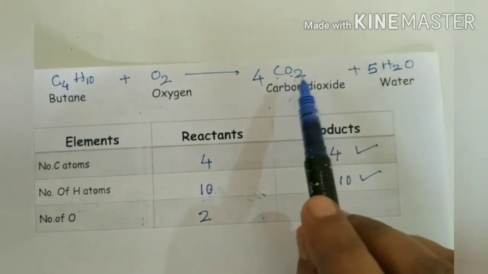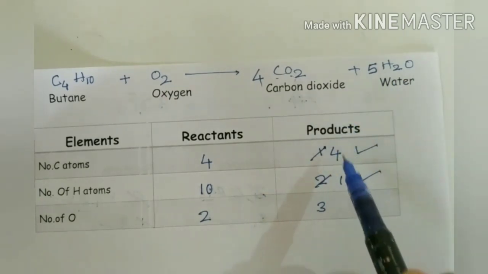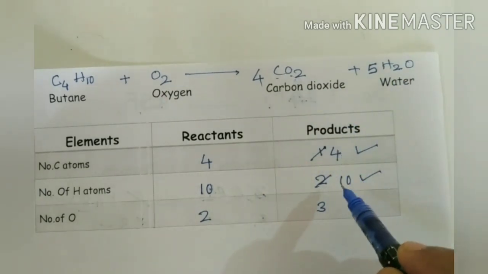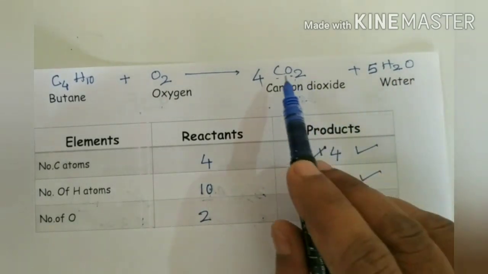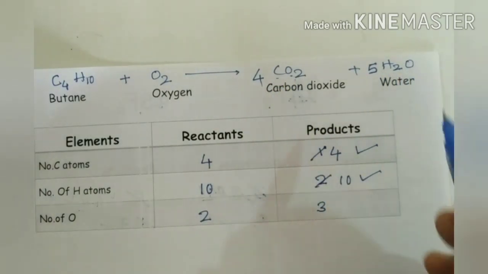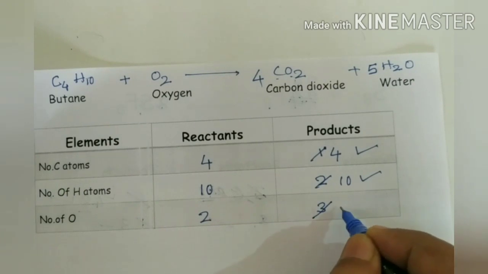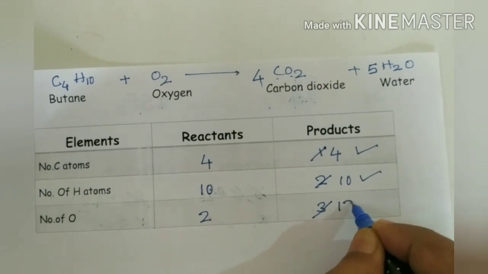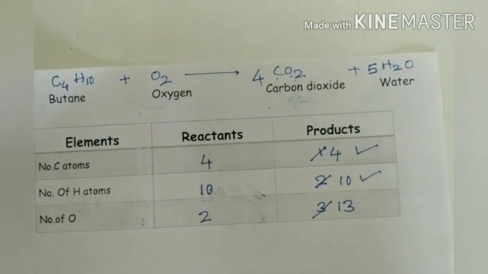But the number of oxygen atoms changed while balancing the carbon and hydrogen atoms. 4 of 2 is 8 plus 5, so the total, instead of 3, now becomes 13. Here 13 is there, here 2 is there, and how are we going to balance it?